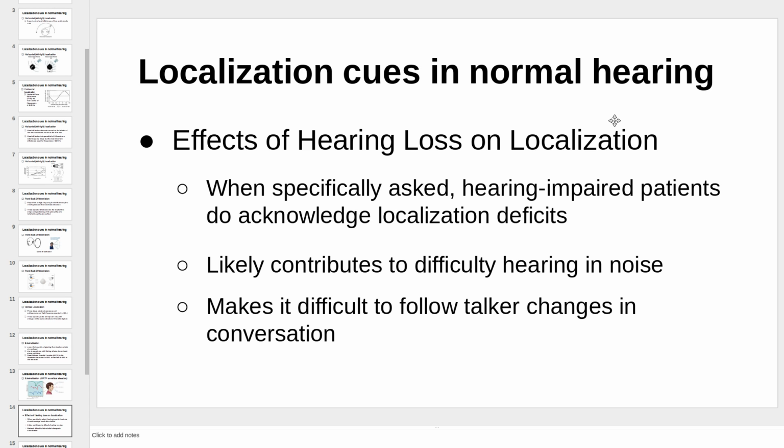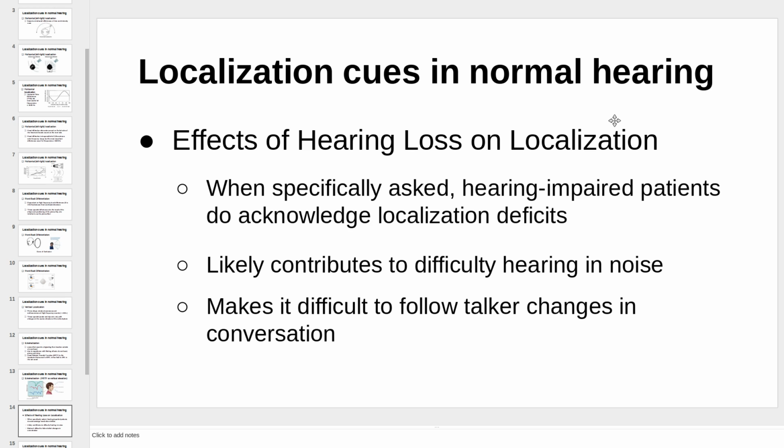One thing would be if you think about a conversation where there's more than one person that a hearing impaired person is talking to. Say they're within a group of 4 people, themselves and 3 other talkers. As the conversation moves along, very likely there'll be a transition from one talker to another, and that hearing impaired listener has to realize when that shift occurs. A normal hearing person is going to use typical sound localization abilities.